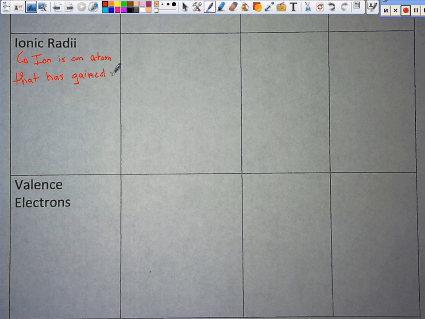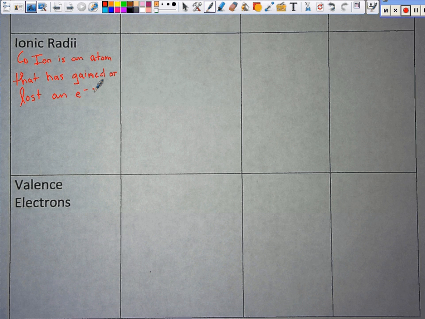Now, there are two types of ions, and hopefully you remember these 2 types. The first one is the cation. Okay, and what does it do with its electrons? It's going to lose electrons. And what does that make its sign? Hopefully you remember a cation is positive. All right, so what is the opposite of that?